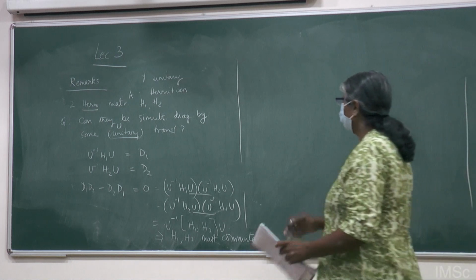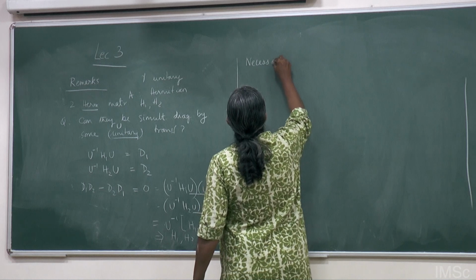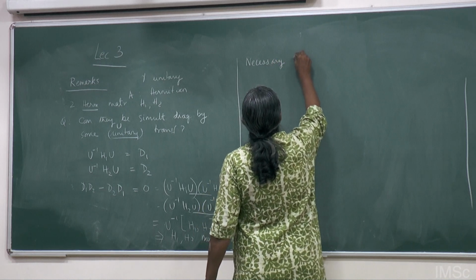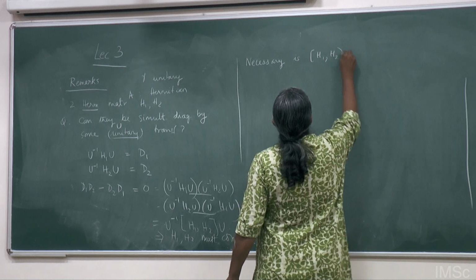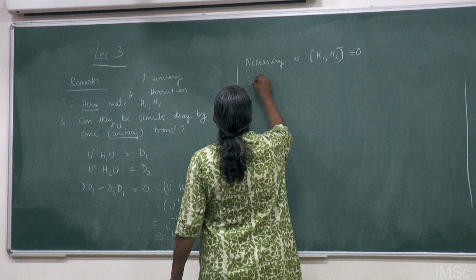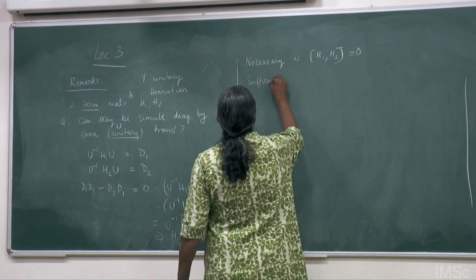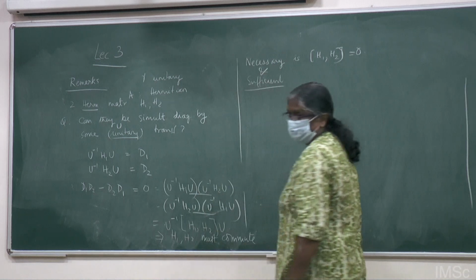Now this is a necessary condition. So the necessary condition is that H1 and H2 commute. What about a sufficient condition? It turns out that this is both necessary and sufficient.